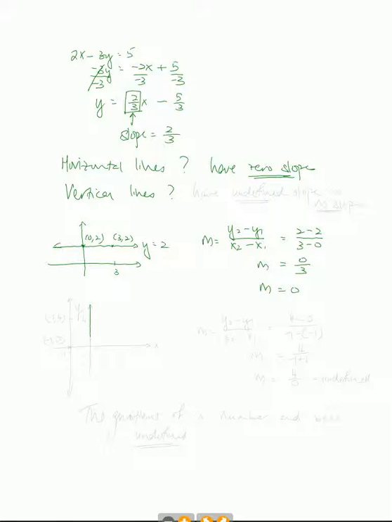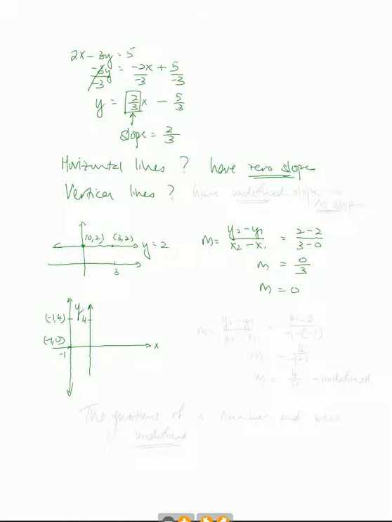So what do we understand about vertical lines? Let's take an example of a vertical line. Let's try, say, x equals -1. Picking 2 points on it, we have (-1, 0) and, say, up there, (-1, 4).